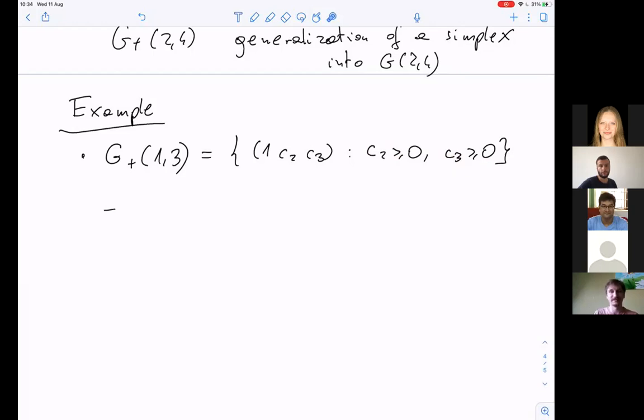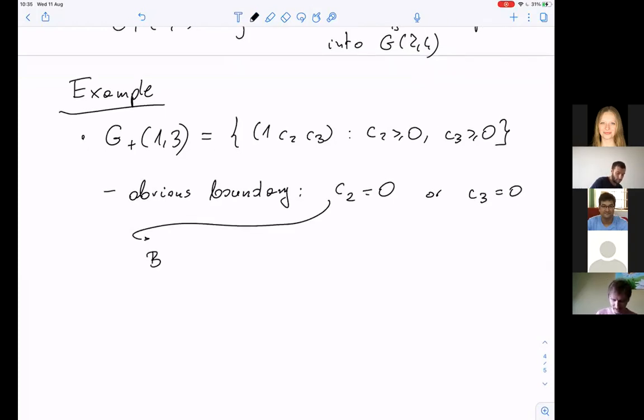But when C2 is negative, I'm outside, it's not an element. So C2 equal to 0 is a boundary of this object. Those are the obvious ones. If I take C2 equal to 0, that's an obvious boundary. Or if I take C3 equal to 0, it's an obvious boundary as well.